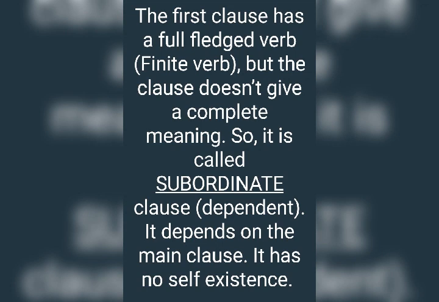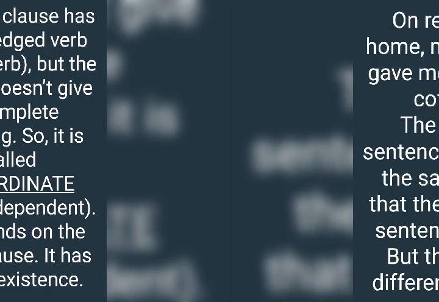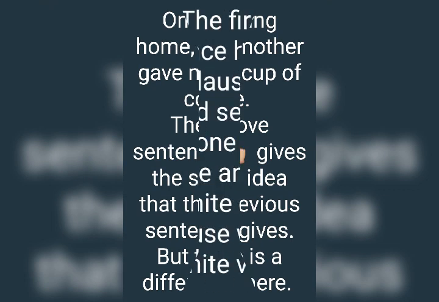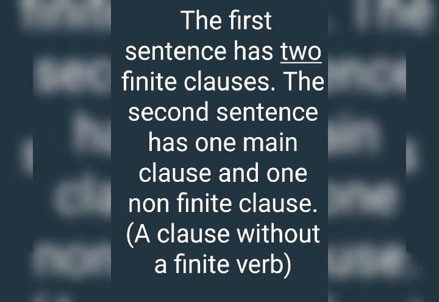Now coming to non-finite verbs. Participles and infinitives are non-finite verbs. Like V3, the participle form. For example, G-O-N-E, gone, V3 form of go. Next, V4, V1 plus ing, the continuous form.